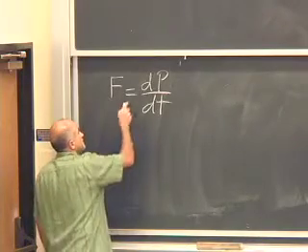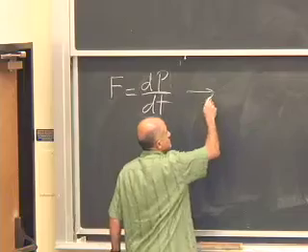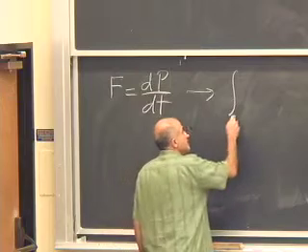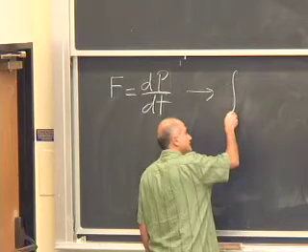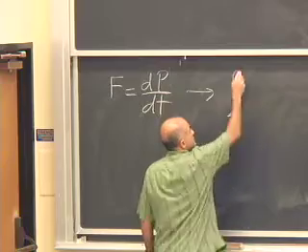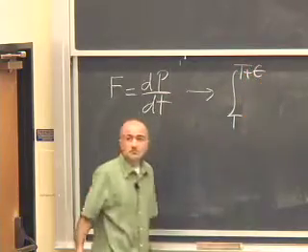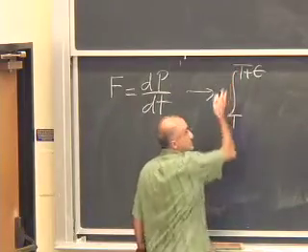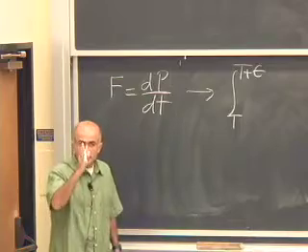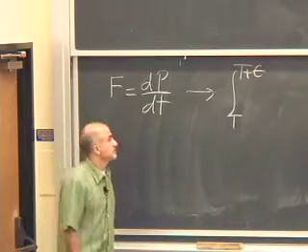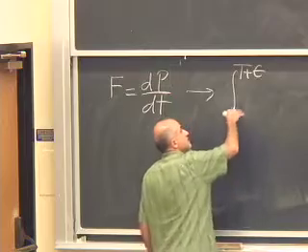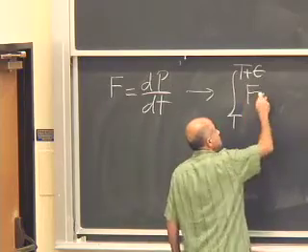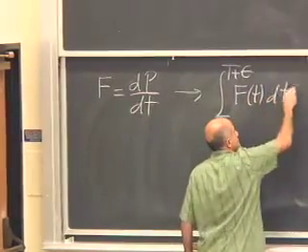If you were to integrate both sides over the duration of the impact, so let's say the impact takes place from time t to t plus epsilon. Okay? Doesn't matter where you pick. I can pick this to be minus epsilon over 2 to epsilon over 2. It doesn't matter. There's a center time, and the action takes place around that center time. So let's say the impact takes place from time capital T to capital T plus epsilon of the force, which of course is a function of time.